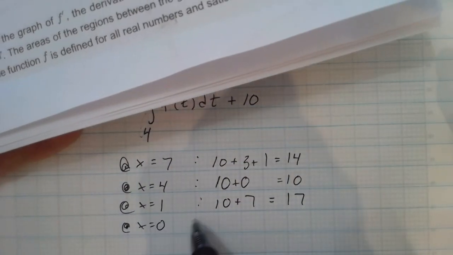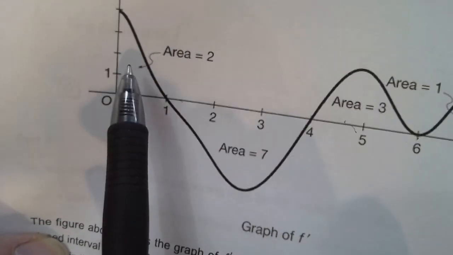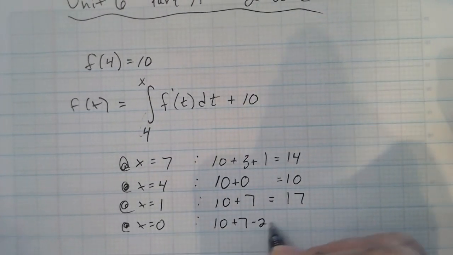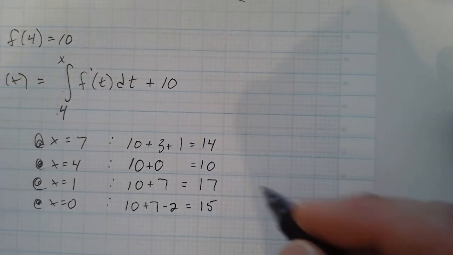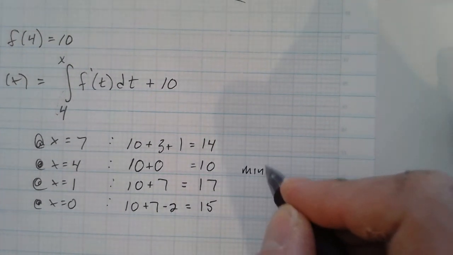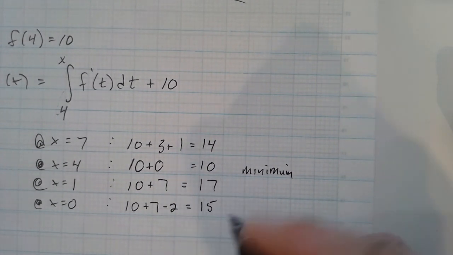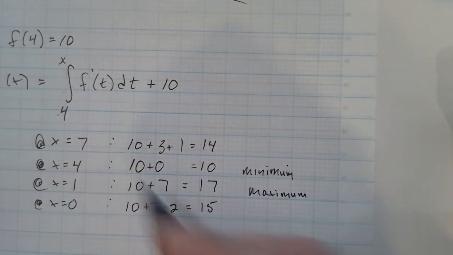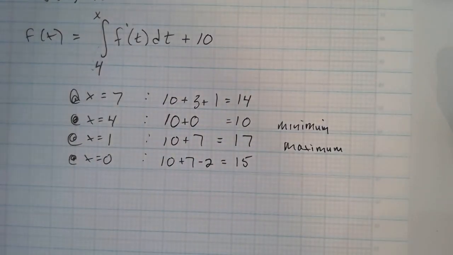And then at 0, we've got 10 plus 7 is 17, minus 2 is 15. So to answer the question, the minimum occurs when x is 4 and the minimum is 10, and the maximum would be 17, and it occurs at x equals 1. All right.